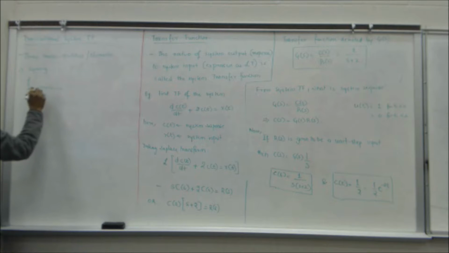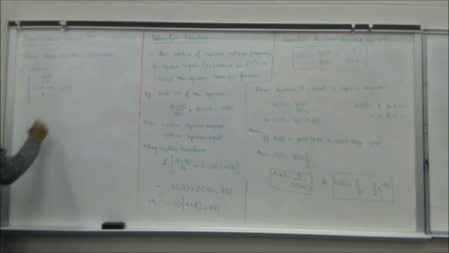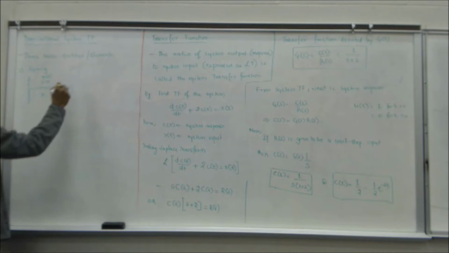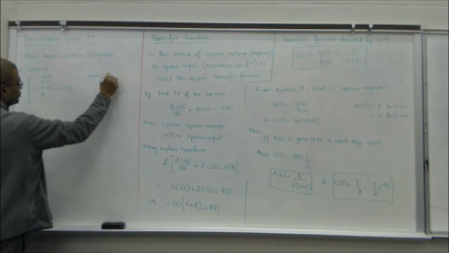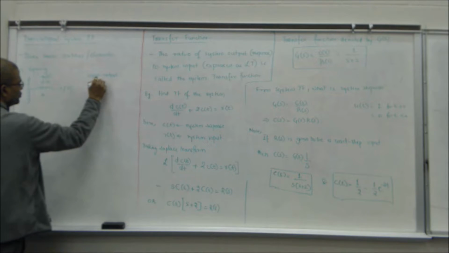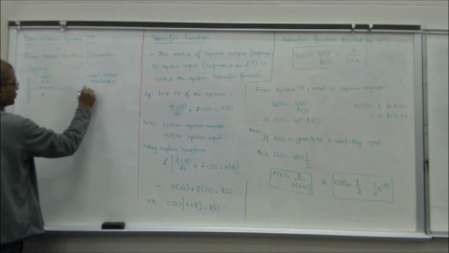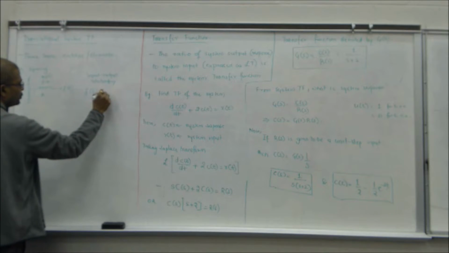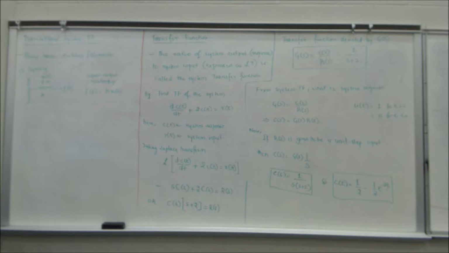The spring constant is K. The displacement is denoted by X of T. The input force is denoted by F of T. So for this, the input-output relationship is simply F of T is equal to K into X of T. Okay.